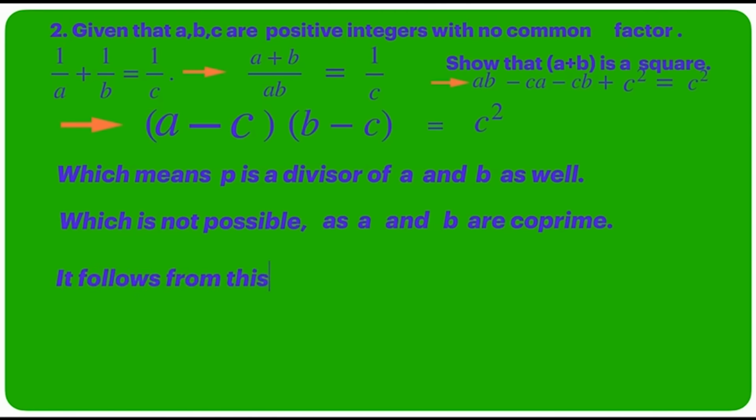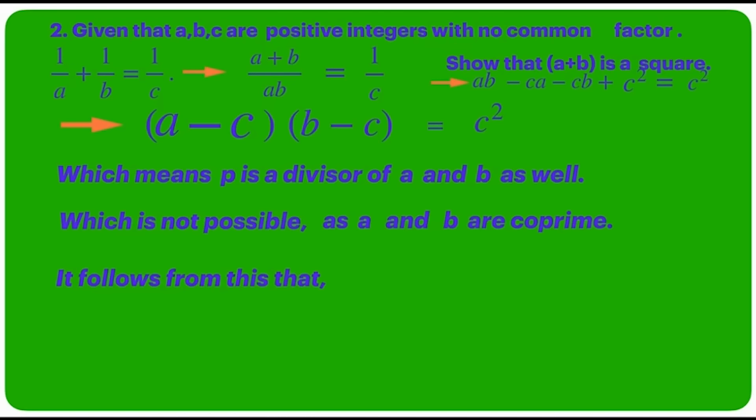Actually here a - c and b - c are coprime, not a and b.